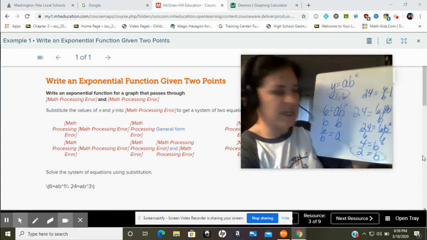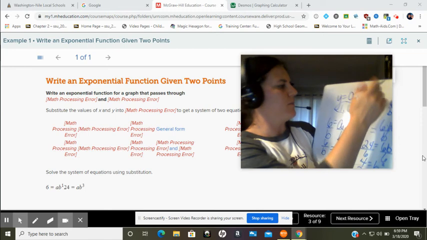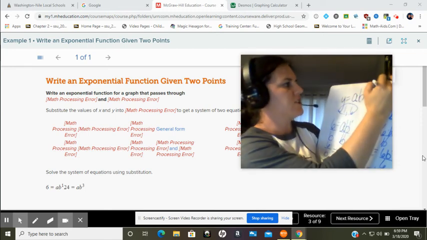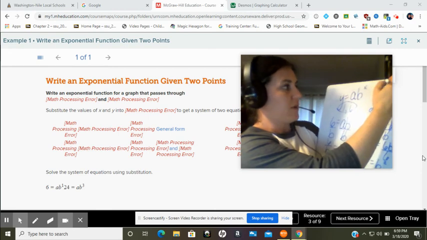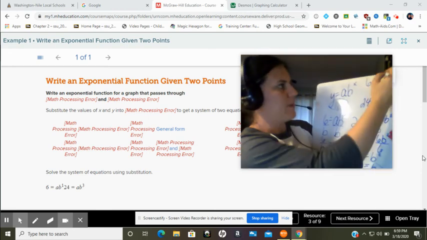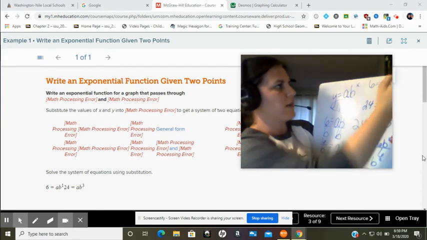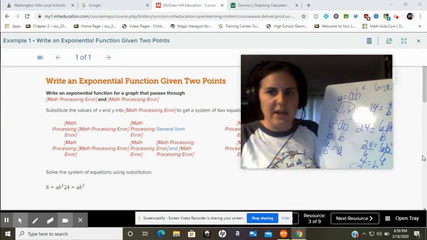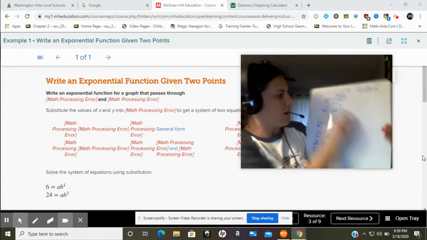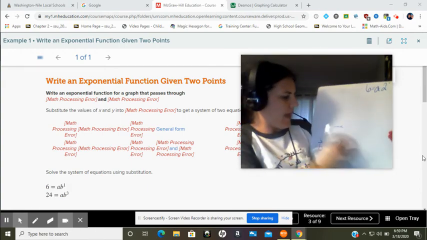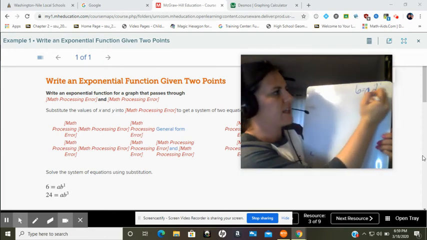Now that I know that b equals 2, what I can do is take that and plug that into the equation. So when y was 6, a we don't know, we know that b is 2, and when y was 6, x was 1. So now we can use that information to solve for a. So 6 equals a times 2.